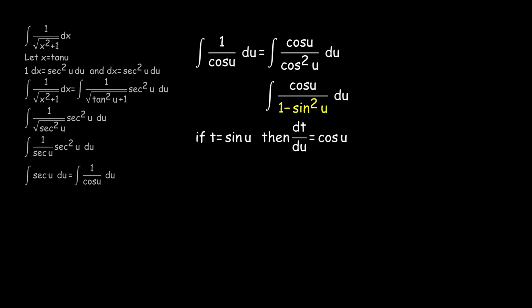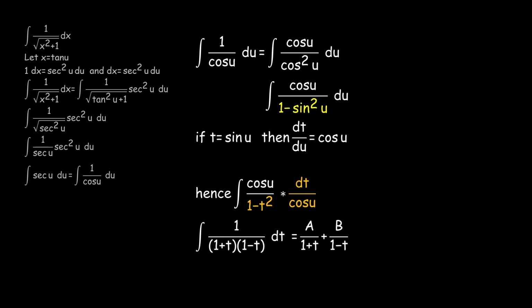Hence, we have the integral of cos u over 1 minus t squared times dt over cos u. That cancels out. At the bottom, we have the difference of two squares yet again, which I will not repeat. This will give us its partial fractions as half times 1 over 1 plus t and so on.